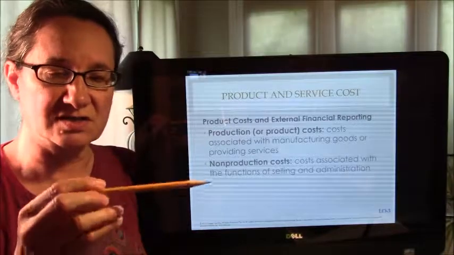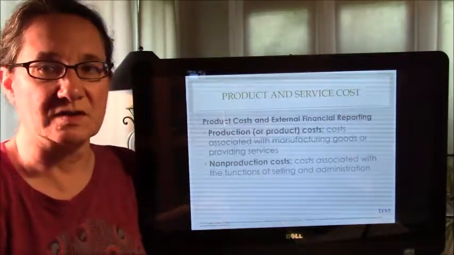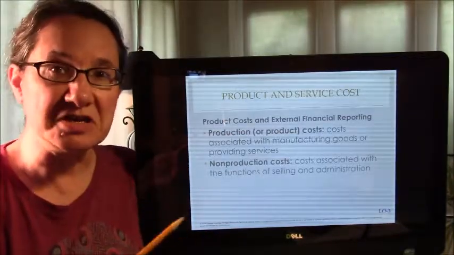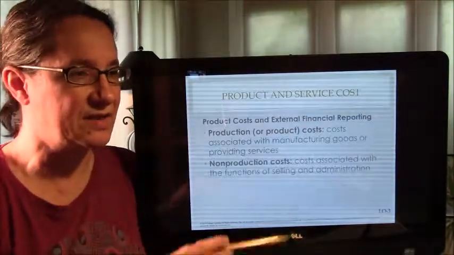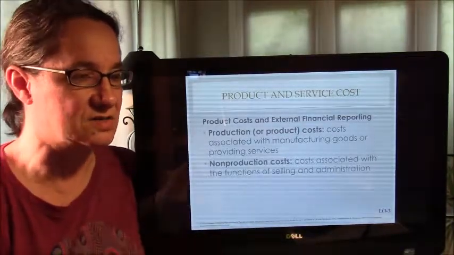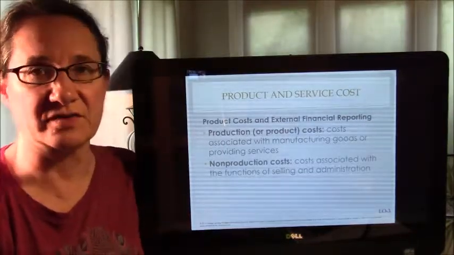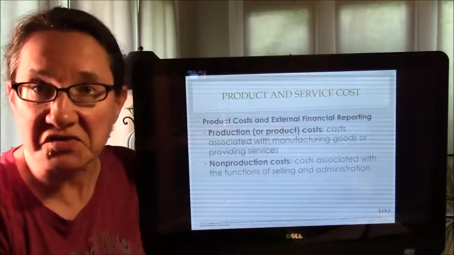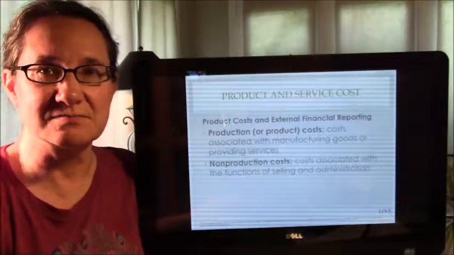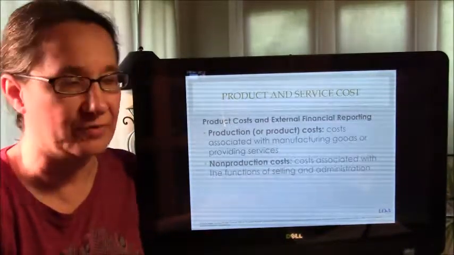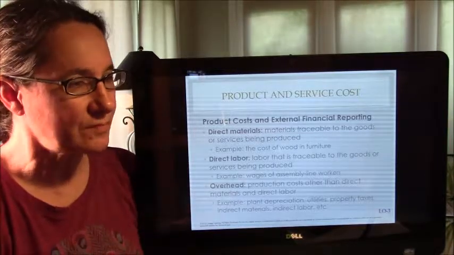So a production cost could be the cost of the wood in this pencil, the cost of the machine used to make the pencil, maybe it depreciates, right? So there's costs associated with production. Then there's non-production costs, like costs associated with the selling, the administration. Somebody has to be an internal auditor at that company. Somebody has to do the cost accounting, right? Somebody keeps the air conditioning running at the company headquarters. All that kind of thing happens.